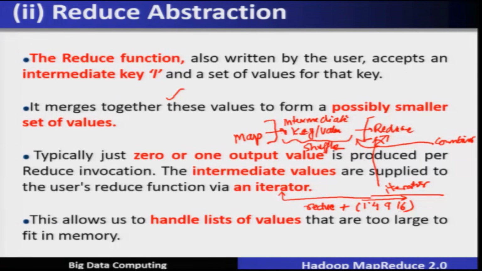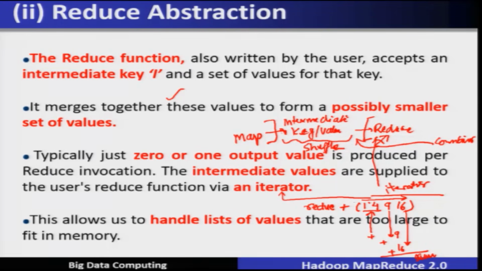So, it will scan through all the elements and perform the operation together. For example, 1 and 4 can be treated together. The iterator here will identify the first 2 elements and perform the plus operation, then take the next element and perform the plus operation, and then take the next element 16 and perform the plus operation to become the overall sum.